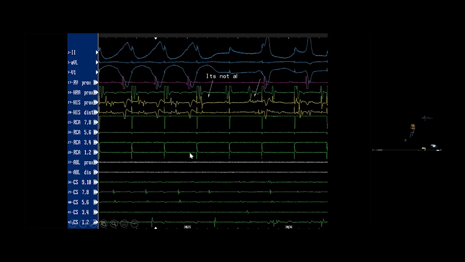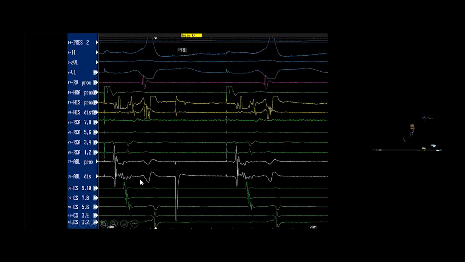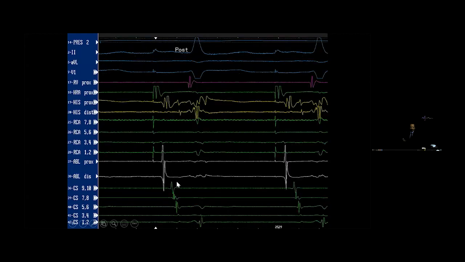So once that's appreciated, then it's a question of simultaneously recording a good His signal when we have less pre-excitation, recording these signals that we know are related to pre-excitation, and then appreciating what we should see once successful ablation is done. The A will stay the same, this V will move with the QRS, but this should be gone. And that's what you get at the end of success with that case.